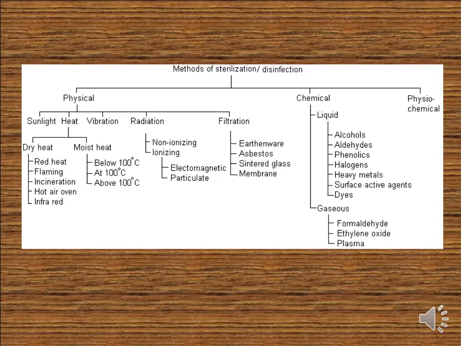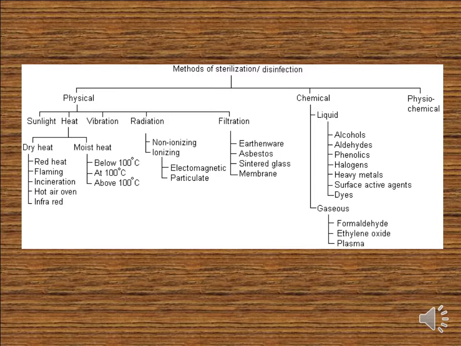The moist heat is below 100 degrees centigrade, at 100 degrees centigrade, and above 100 degrees centigrade. The radiation used is either non-ionizing or ionizing. The ionizing is either electromagnetic or particulate radiation. The filtration uses either earthenware, asbestos, or sintered glass membrane.